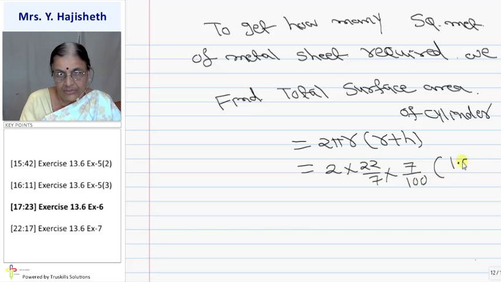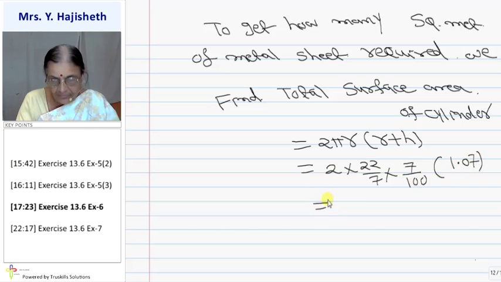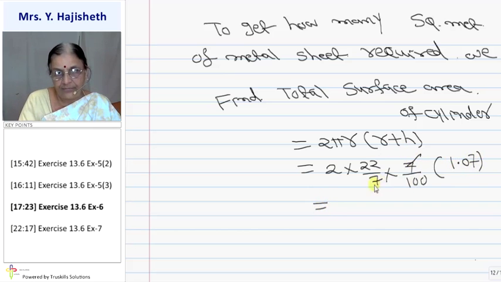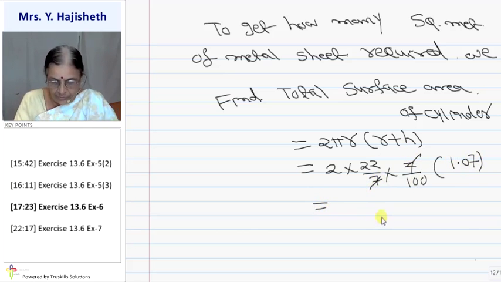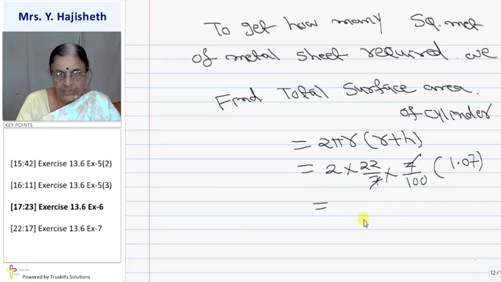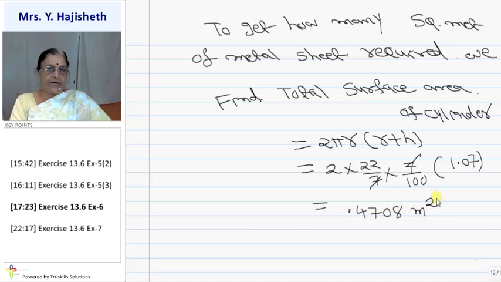So 1.07. So my answer is coming 7 तो उड़ गया. 44 into 107 upon 100 by 100. So it is 0.4708 meter square. This much metal sheet is required.